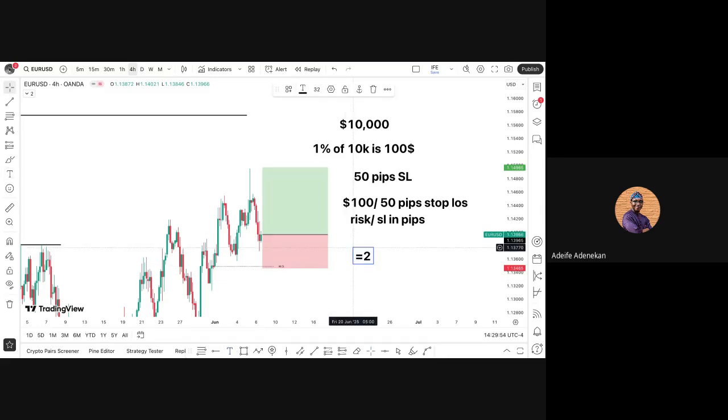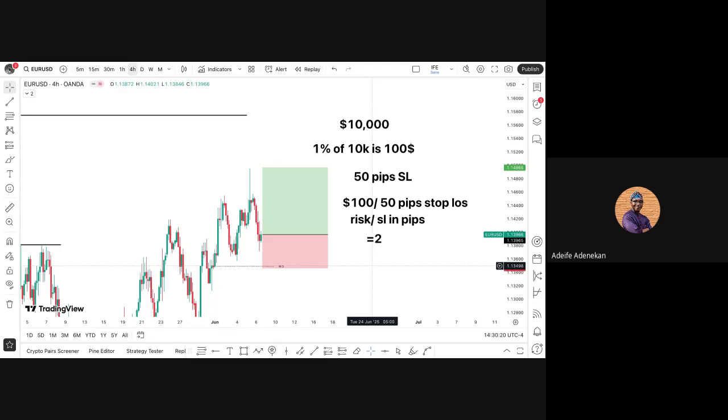Your answer is two, right? Now, your answer being two does not mean that your lot size is 2.0. That means, and I'm taking my time to properly explain this, that for every pip movement against you, your account must be reading -$2.